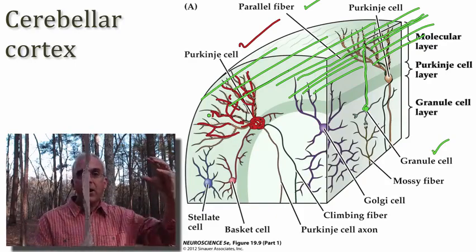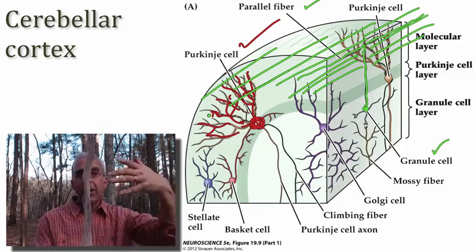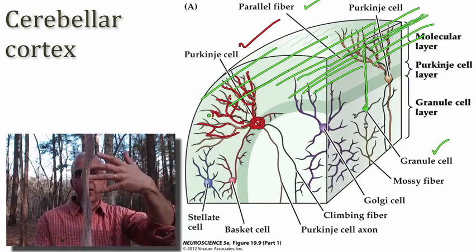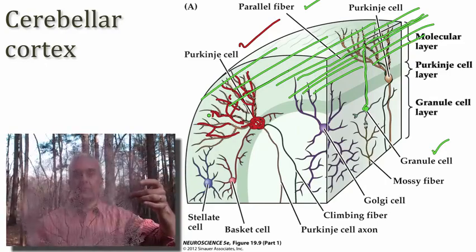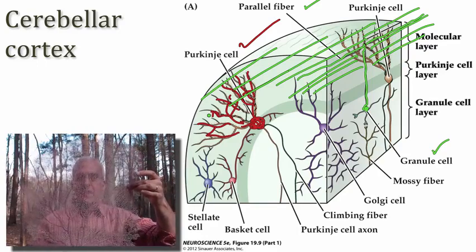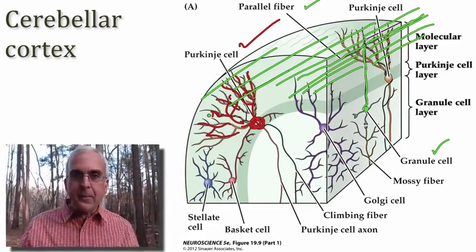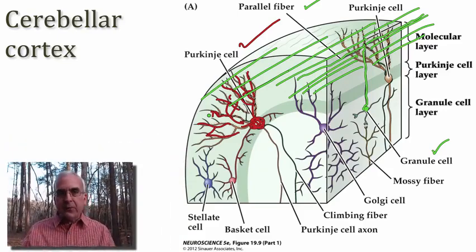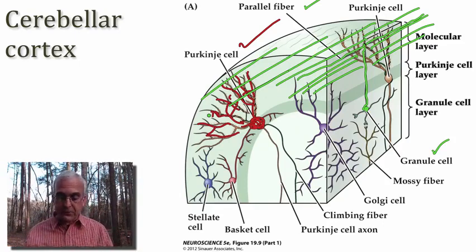Perhaps as many as 100,000 or even 200,000 individual parallel fibers will be running through this beautifully intricate lattice work of dendrite that is arranged to sample these massive parallel fibers that are running through it. Let me tell you just a little bit now about the inputs, and then that will get us into a bit of the neurochemistry and the physiology of how this circuitry works.